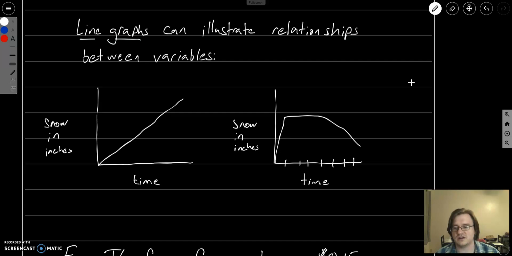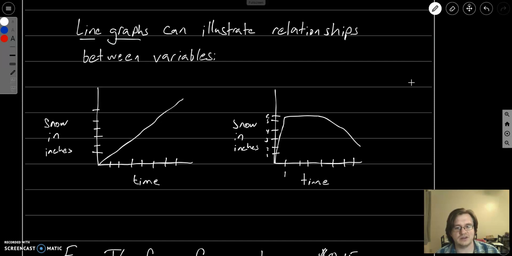So if we start labeling some of the axes with actual numbers, we can answer very specific questions. For instance, maybe at day 1 after the snow started falling, we could ask how many inches were there. Well, 1, 2, 3, 4, 5, 6.